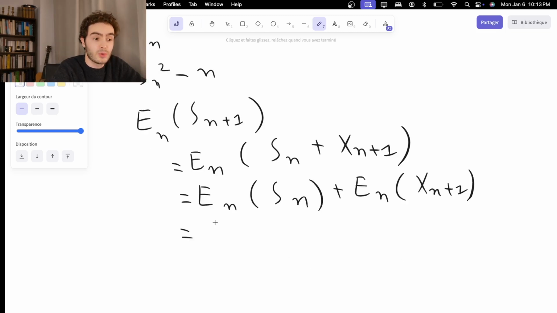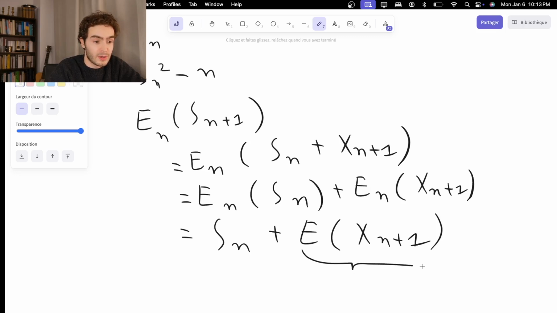Thus, this is equal to Sn since we know n, and because the variables x are IID, this is equal to the expected value of xn plus 1, which is equal to 0 because it's a symmetric random walk, and p is equal to 1 minus p, which is equal to 1 over 2.